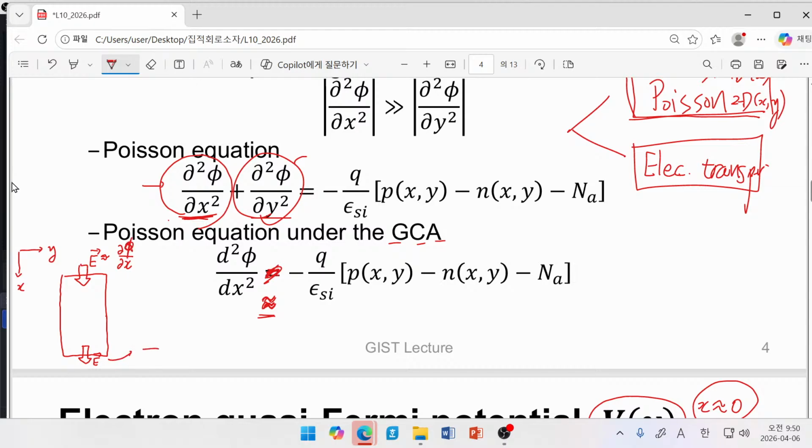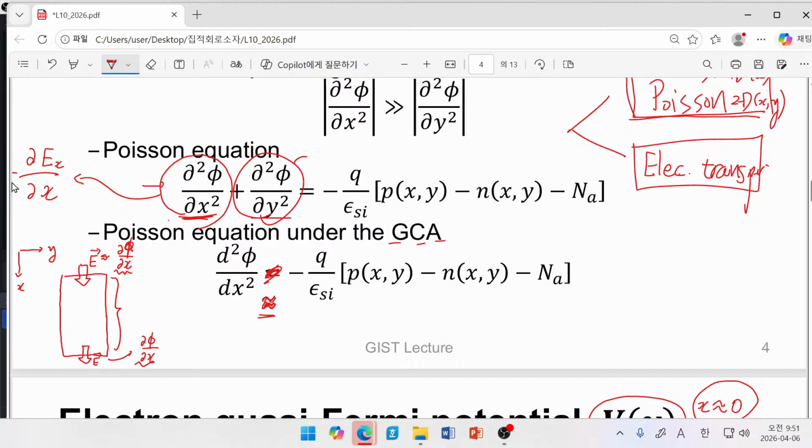Also this one is related to the x-directional derivative of our electrostatic potential. Their difference, the difference between this and that, corresponds to the second derivative of our electrostatic potential. So simply speaking, this is once again the partial derivative of the x-directional electric field with respect to the x position. Of course, there is a negative sign, but this corresponds to our first term.